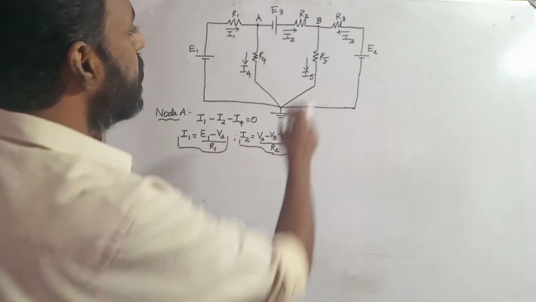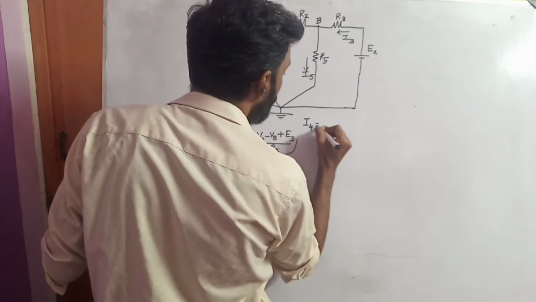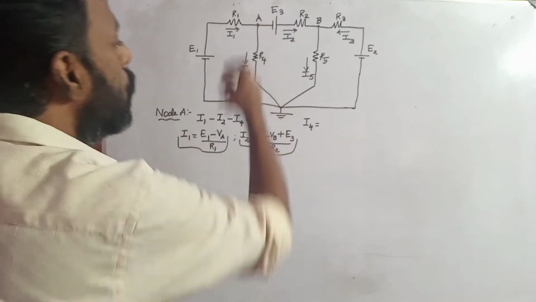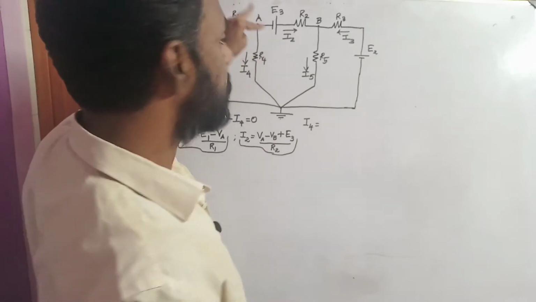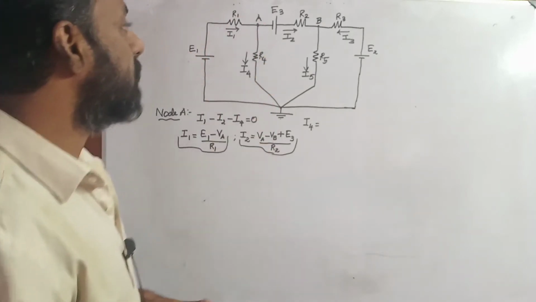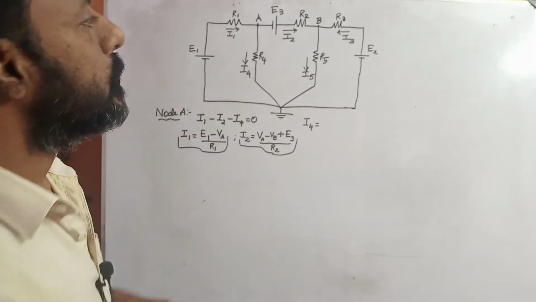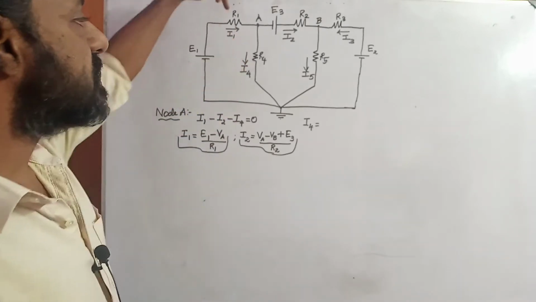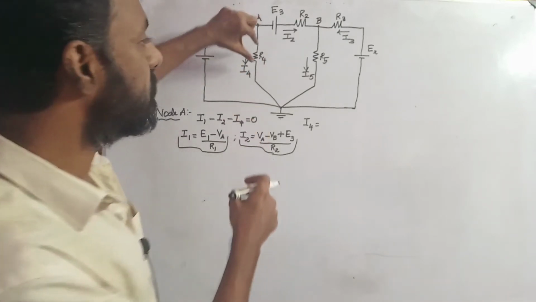Now we need to find the value of I4. The value of I4 will be equal to VA. In this node a voltage has been developed, which is denoted as VA, that is voltage at the node A. So I4 will be the ratio between the voltage and the resistance in that particular branch. In this branch you have a voltage VA and a resistor R4.